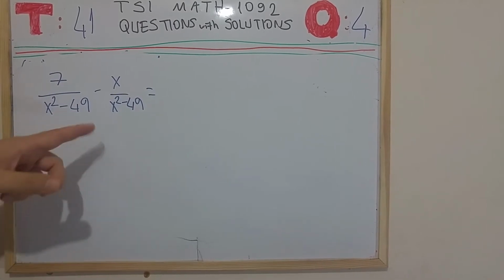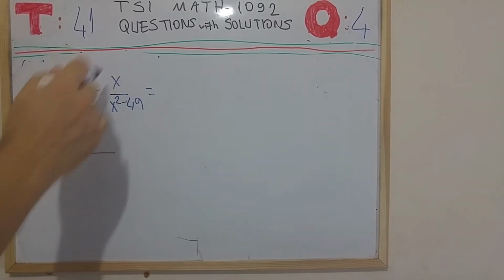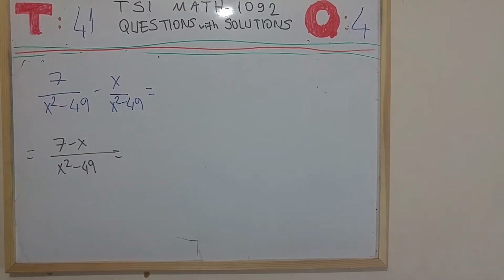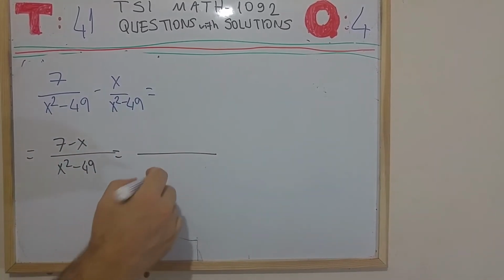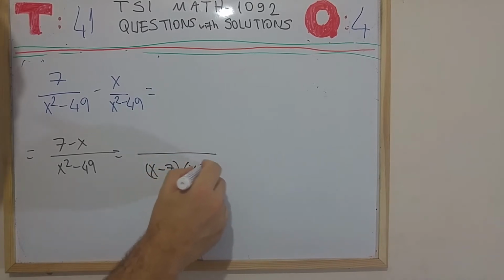So the denominators are equal to each other here. I can put both numerators over the same denominator, which is x squared minus 49. I can just say that 7 minus x here. As you can see here, x squared minus 49 is actually equal to x minus 7 times x plus 7.